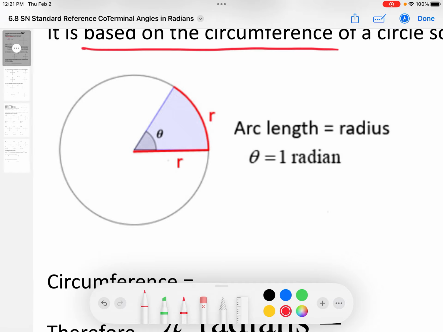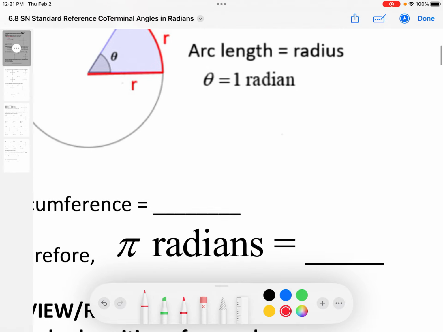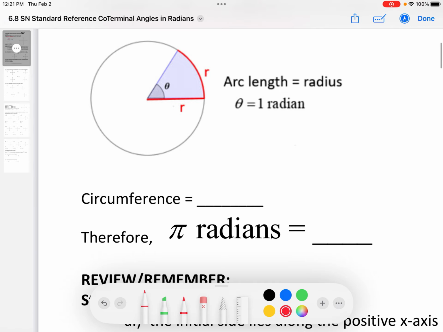So if we consider how many lengths of the radius are all the way around the edge of a circle, that amounts to the circle's circumference. So the circumference of a circle is 2 pi r. Now, that 2 pi r all the way around a circle represents the 360 degrees all the way around a circle.